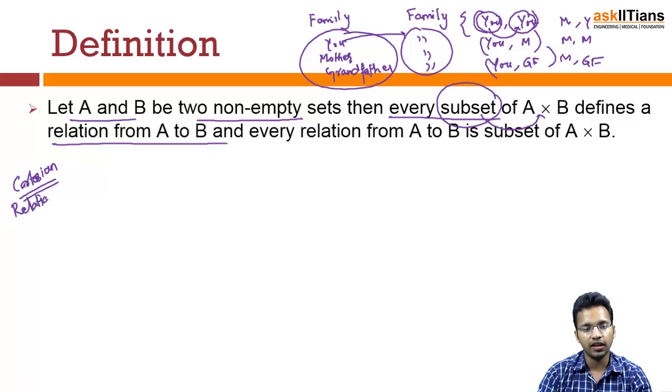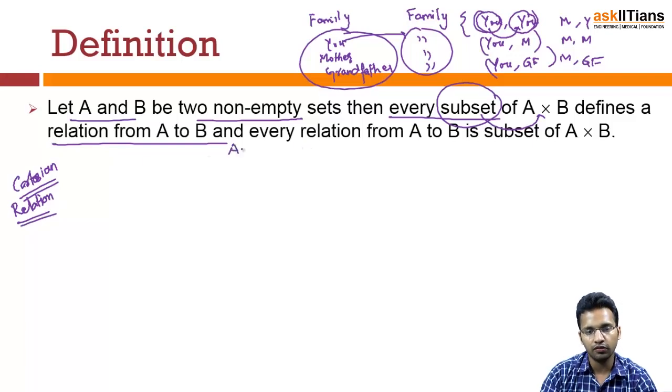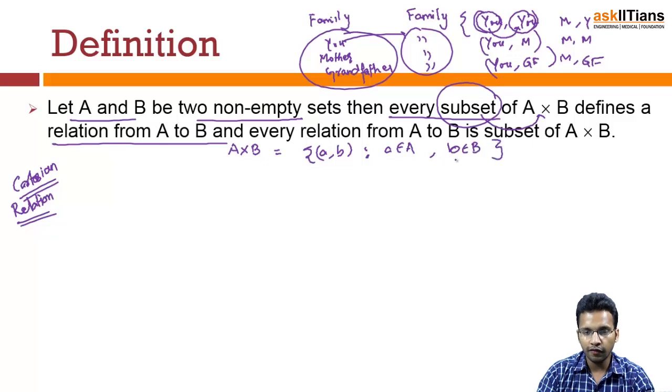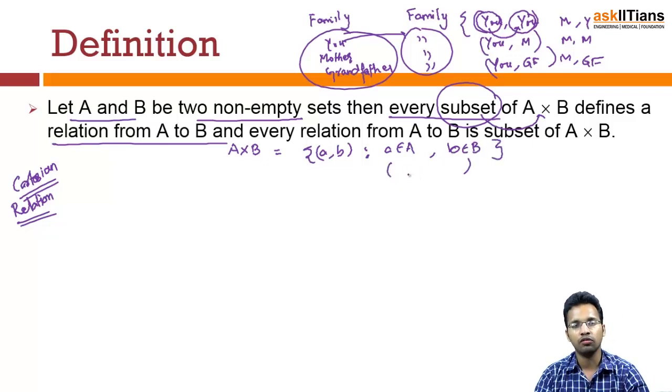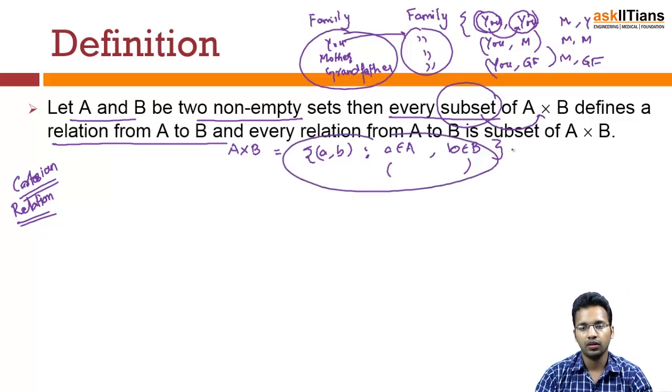Like we defined A cross B as (a, b), where a belongs to A and b belongs to B. Now if I add a condition like b should be the brother of a, or that a and b should be related as father and son, then this becomes a relation.